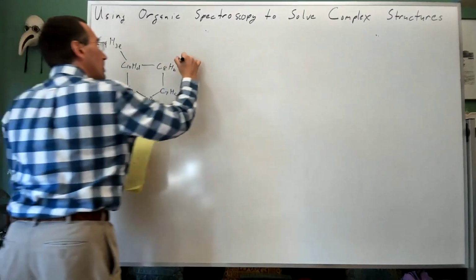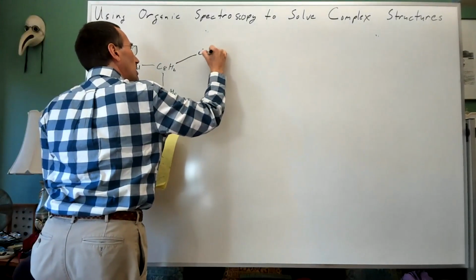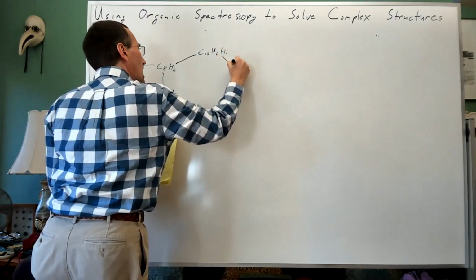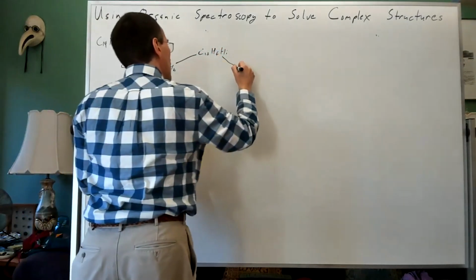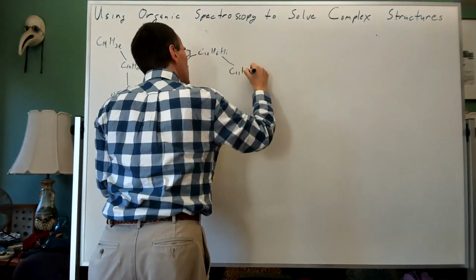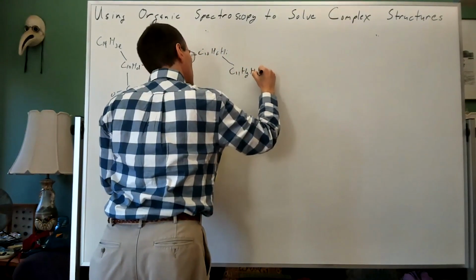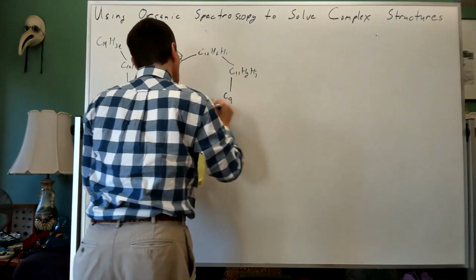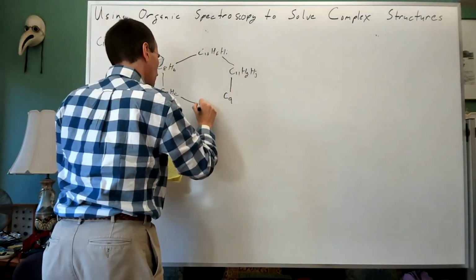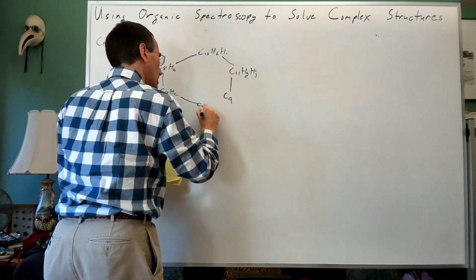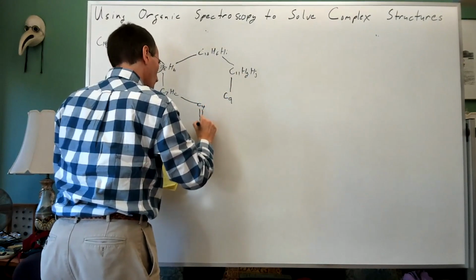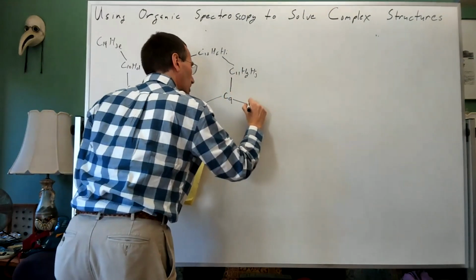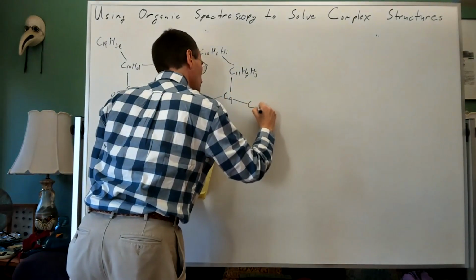This comes to our C13HFHI. That comes to our C11HG. That comes to our C9, that comes to our C4, which is double bonded to C5. And that comes to C3HA.